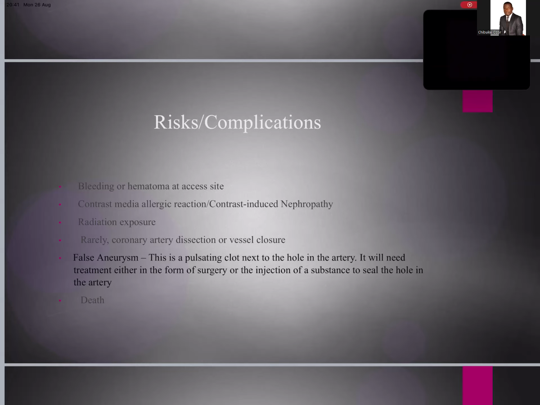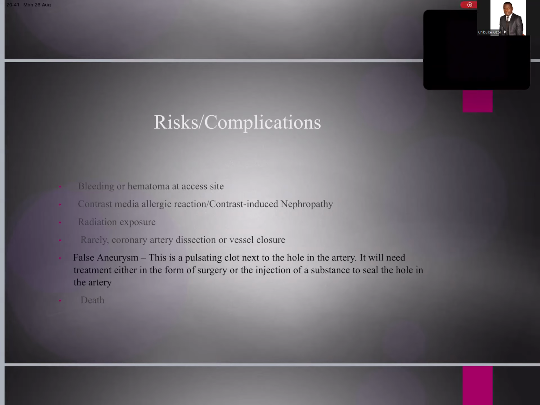This has to do with their solubility and then their osmolarity. The ionic media are usually of higher osmolarity, while the non-ionic media have smaller osmolarity, and then they have a lesser chance. It's not as if it is completely zero, but they have a lesser chance of allergic reactions.